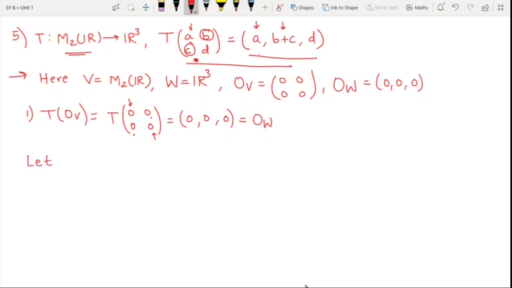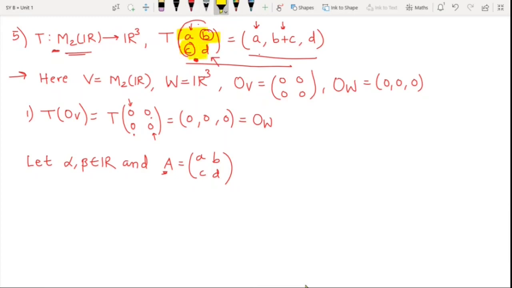So I'll select alpha, beta belonging to R, and the two elements I will denote by A and B. Whatever notation you use for this A and B, you can use U also over here, but remember we usually denote matrices by capital letters, so I am going for capital A. I will call it A, B, C, D. Note it is as it is from here, right? That is how this element looks.